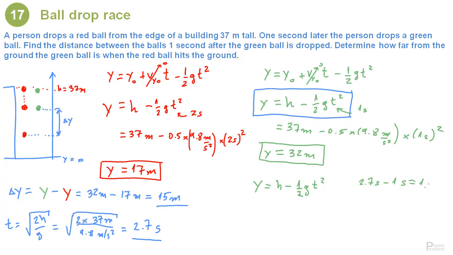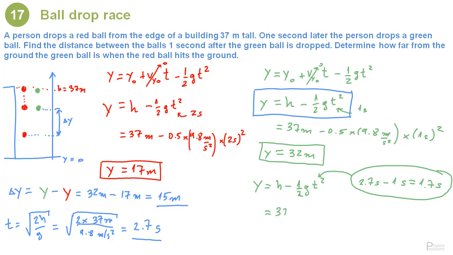In other words, 1.7 seconds. Okay, so let me repeat that. This is the time that the green ball has been moving when the red ball hits the ground. So then we can plug this time here.